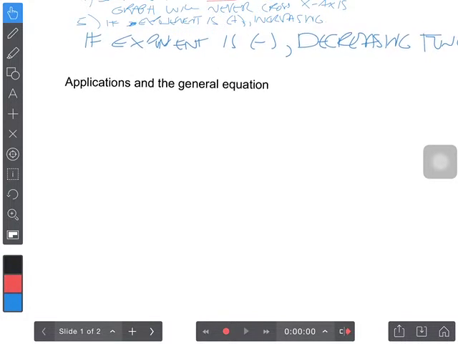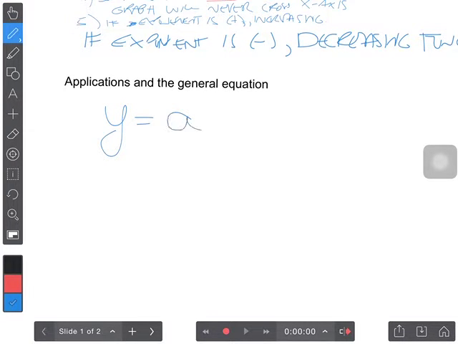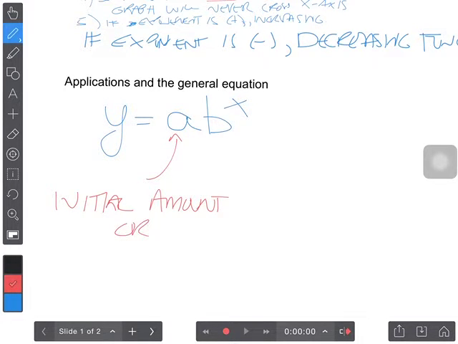So here's our general equation. y equals ab to the exponent x. So that means that our a value is our initial amount, or starting value.